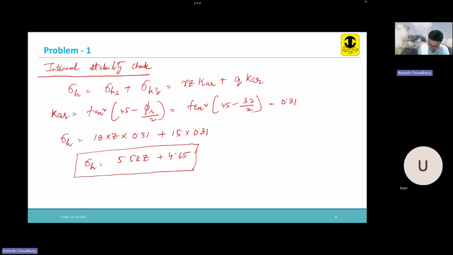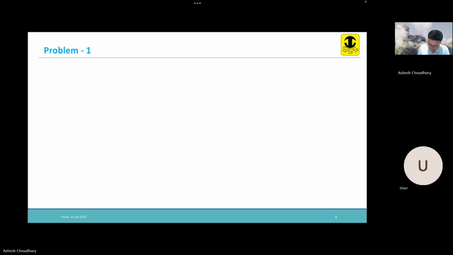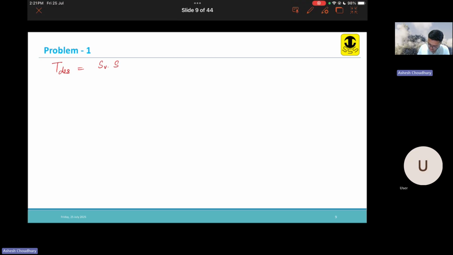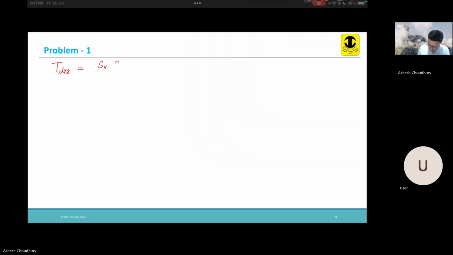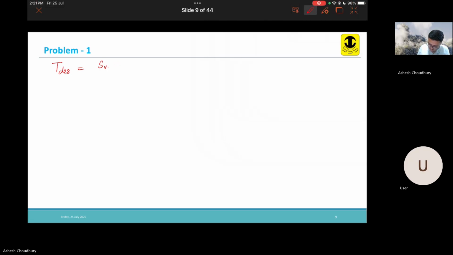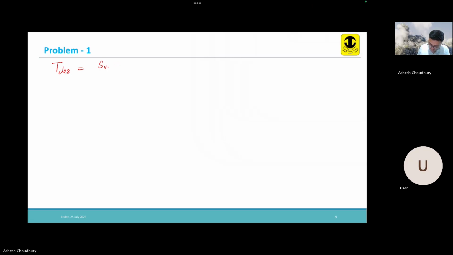Now my design is given by S_V into S_H into gamma H by the coverage ratio.